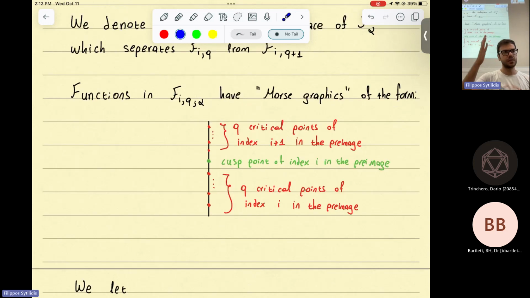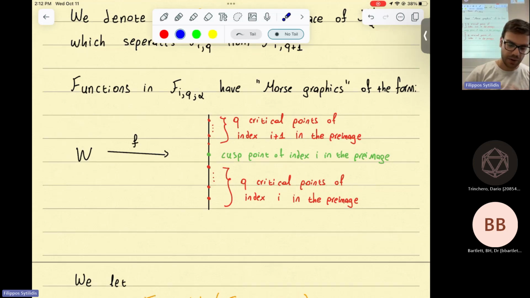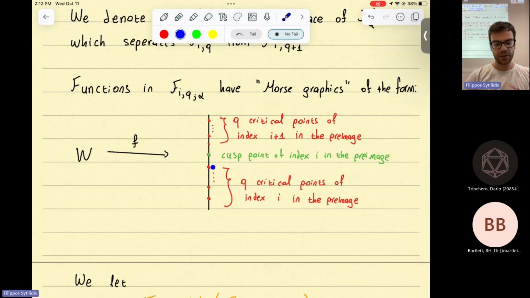So if you want to look at what this looks like in terms of what I'm calling here Morse graphics, so if I have my W and this is a function to the real line, and you think of this as the real line, and I'm encoding the various critical values in the real line, I basically have q critical points in W with index i, which are like those ones here below. I have q critical points in W of index i plus 1, and the critical values are shown up there above.